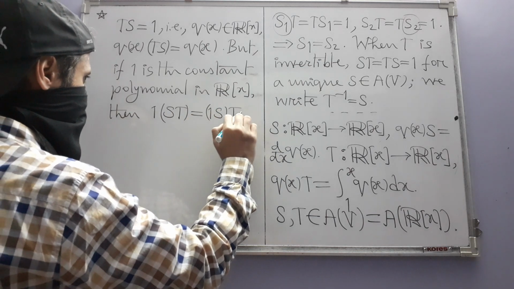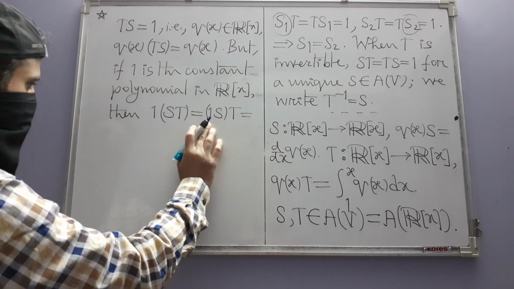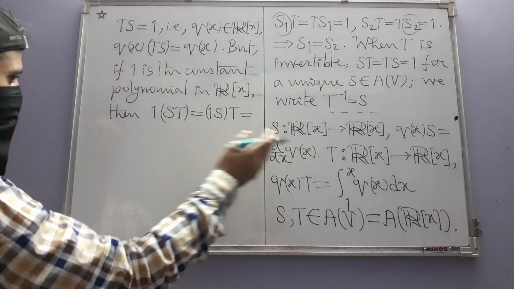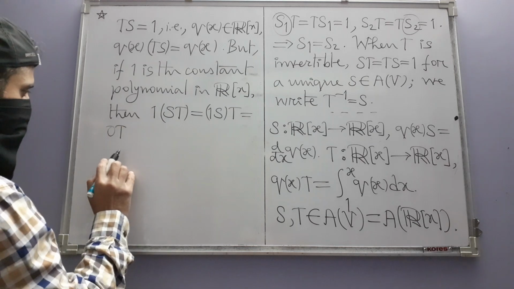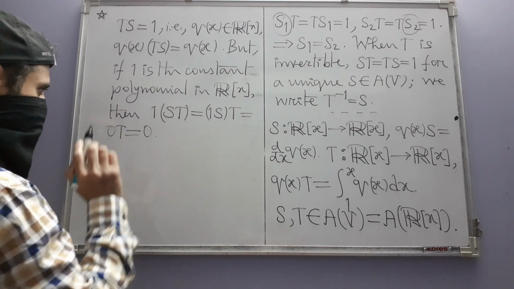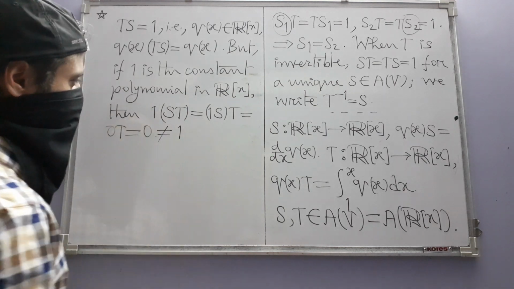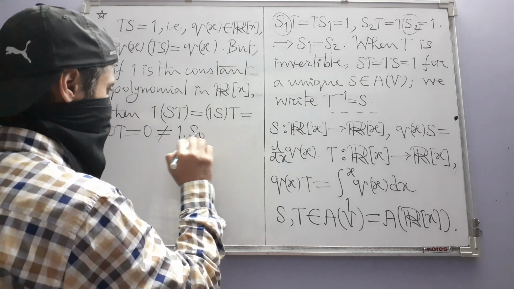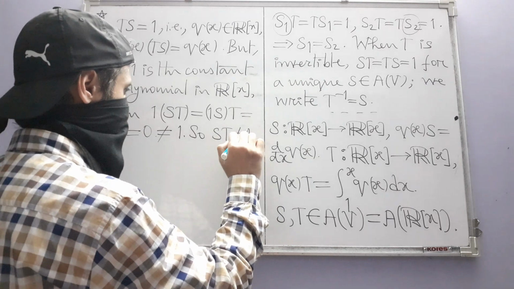Applying S on 1 first and then applying T on the result. Differentiating the constant polynomial, because this is how we are defining S, you still get 0, the 0 polynomial, on which when you apply T, you get 0. And this is not equal to the polynomial 1. So, ST is not equal to 1.